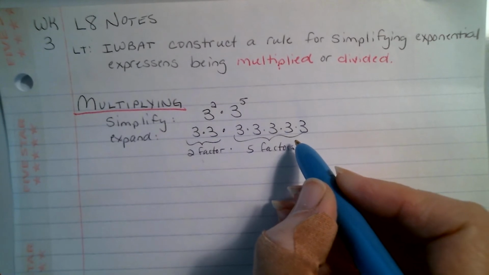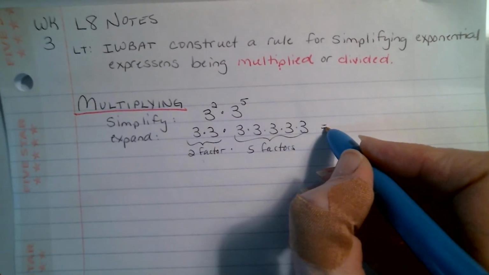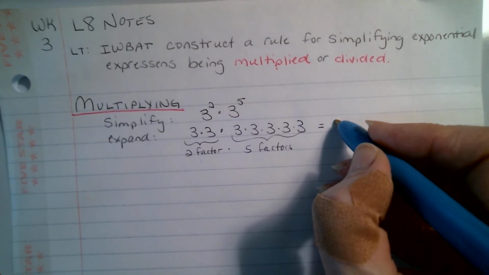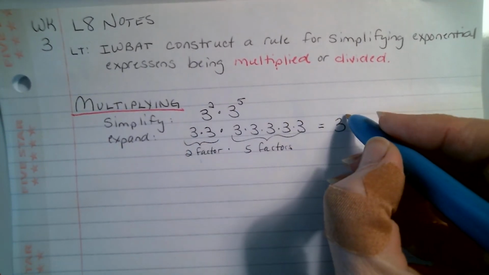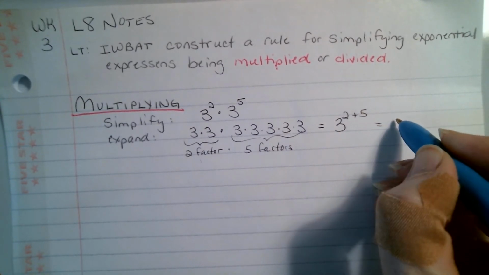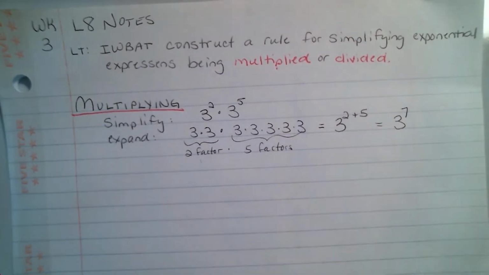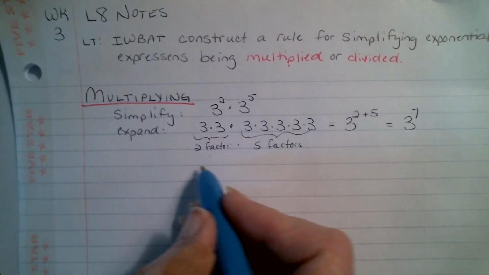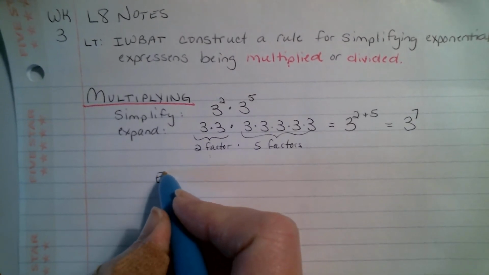So all together, I've got 7 factors, right? Well, where does that come from without expanding? Well, 2 factors and 5 more factors of 3 would give me 7 factors of 3, right? So let's try, we'll call that our first example.